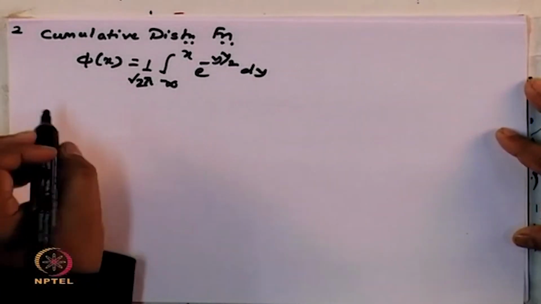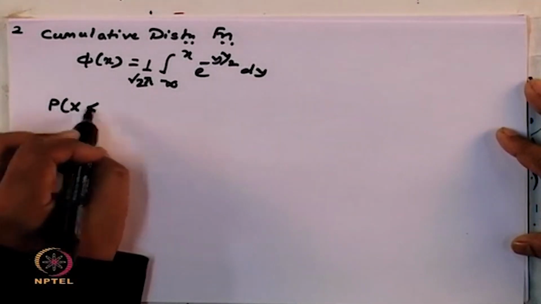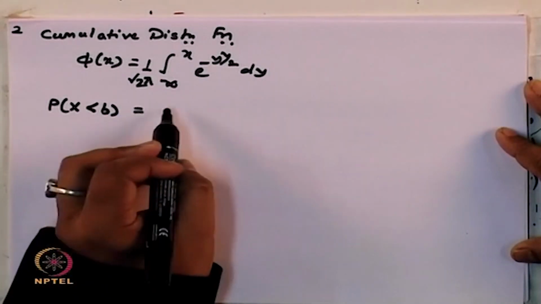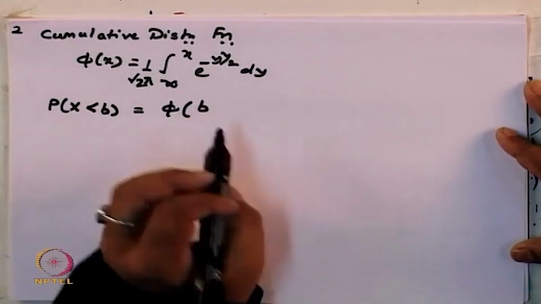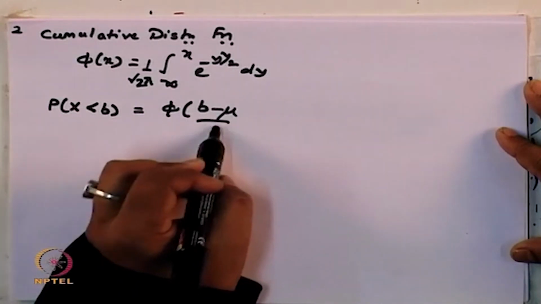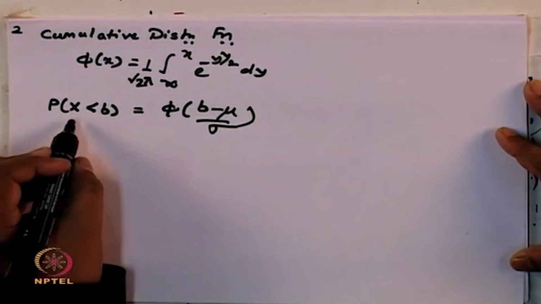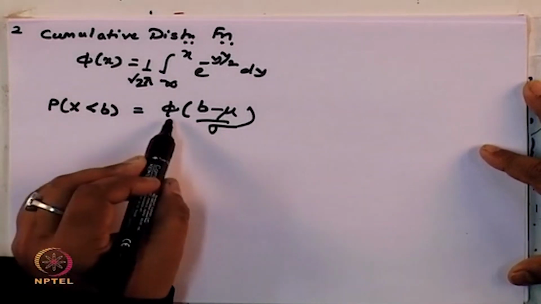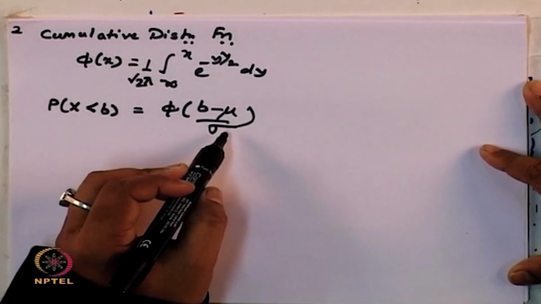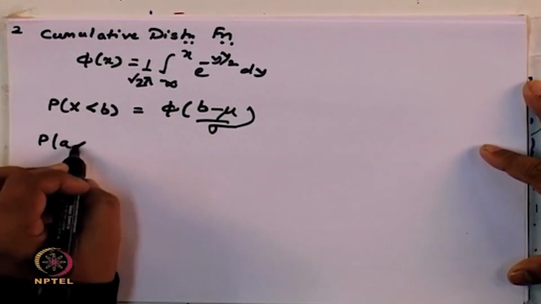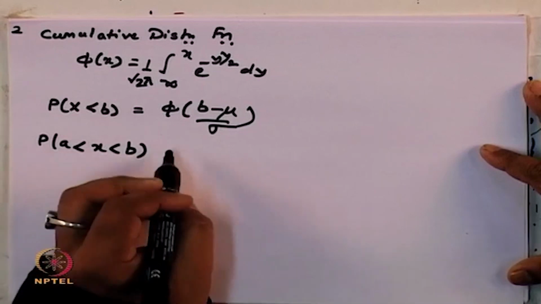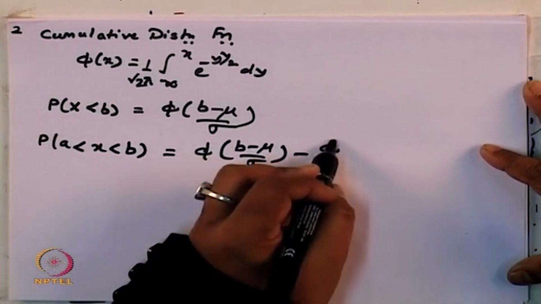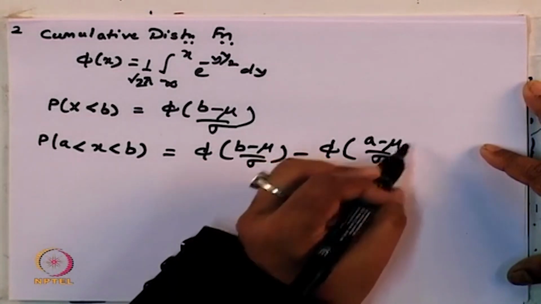So, if you have any x, probability of x less than b can be converted to a standard normal variable and is equal to phi of (b minus mu) by sigma. So, if x has mean of mu and variance of sigma square, then this P of x less than b is nothing but phi of (b minus mu) by sigma. Similarly, probability of a less than x less than b will give you phi of (b minus mu) by sigma minus phi of (a minus mu) by sigma.